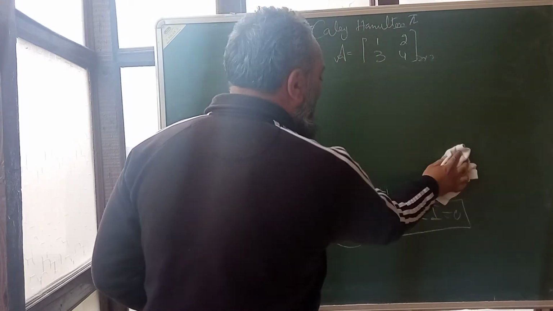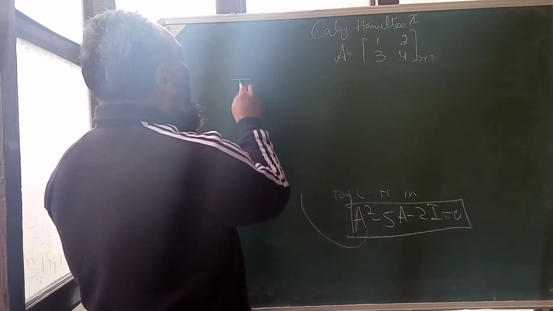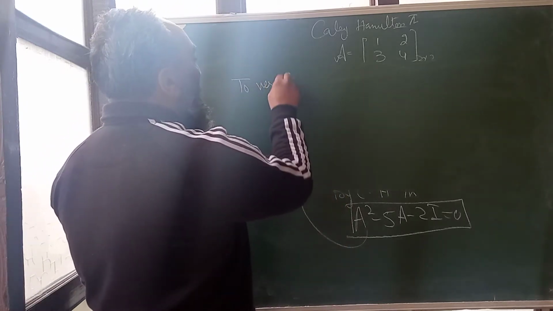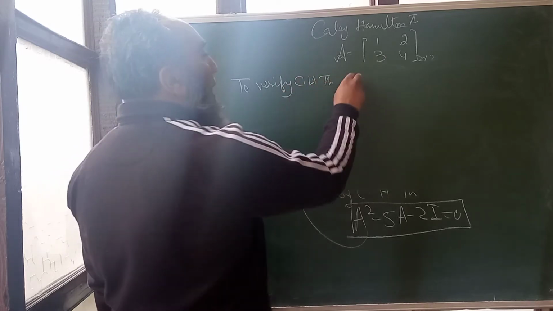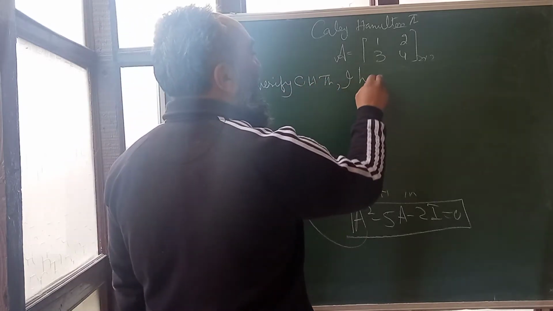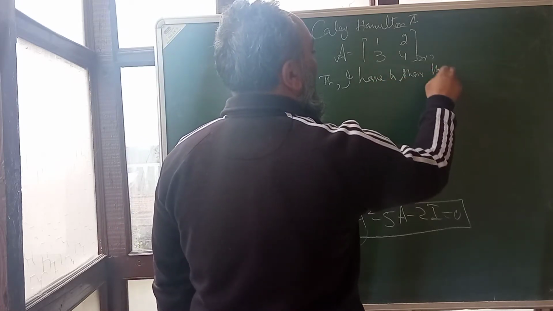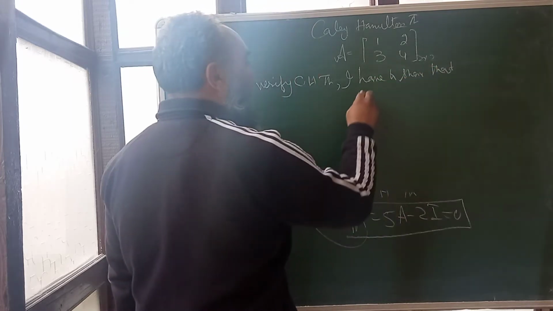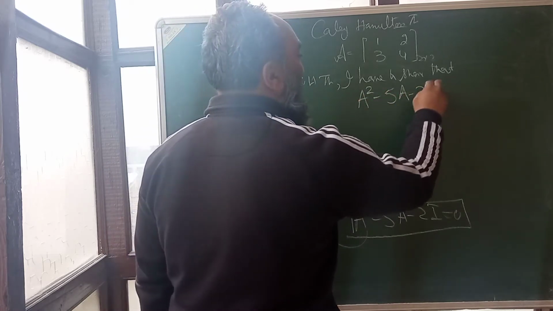In order to verify it, I have to find A square. To verify Cayley-Hamilton theorem, I have to show that A square minus 5A minus 2I is 0.